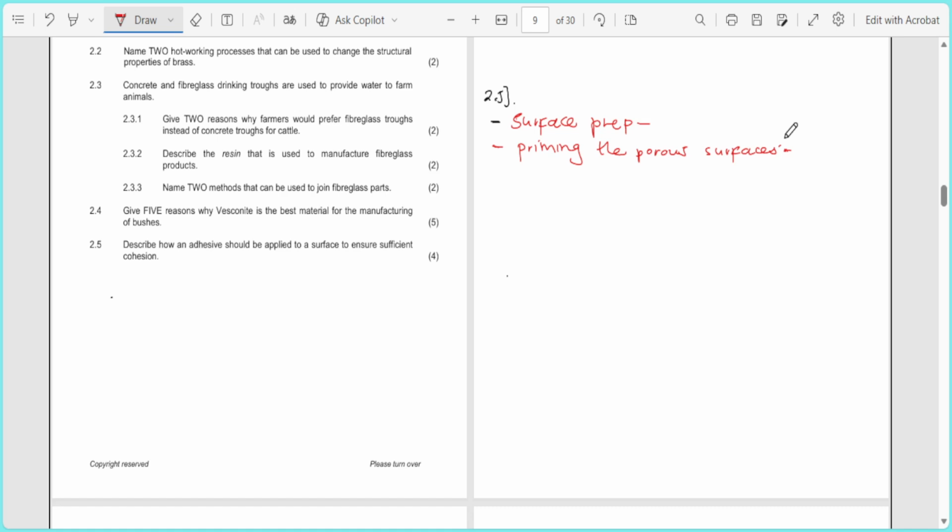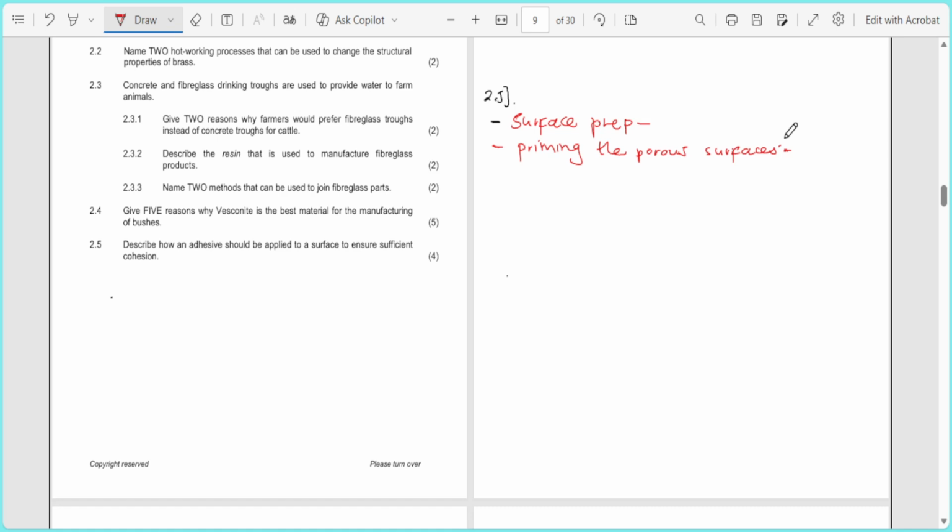So we are priming the surface now. This prevents adhesive absorption, ensuring full coverage at the bond line. We are trying by all means that the adhesive used for the cohesion is not absorbed by the material.